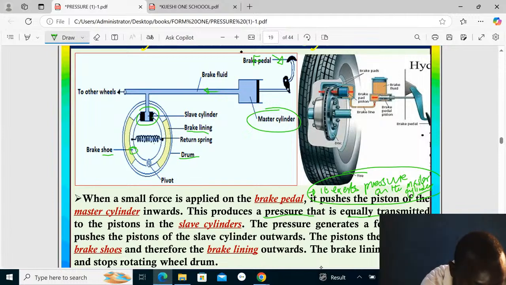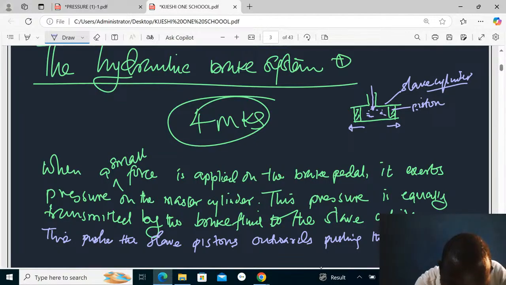Once this one opens up, we have our brake shoe like this.